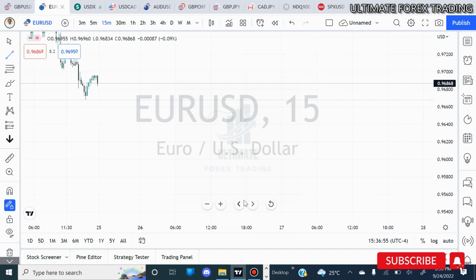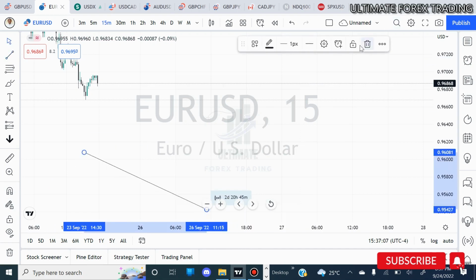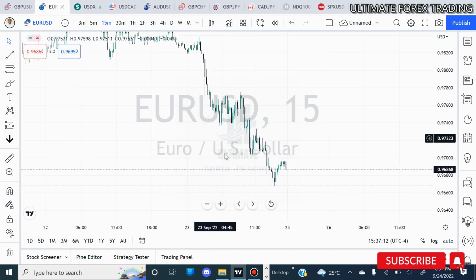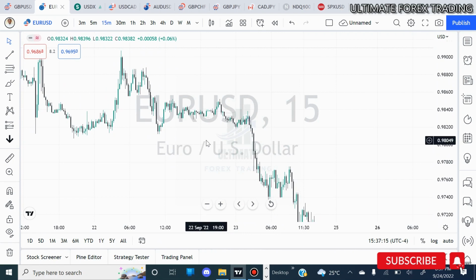And also, if by 3 a.m. Eastern Standard Time there was no manipulation in the market, you shouldn't consider trading power tree concept, because most of the power tree concept trades I've taken, most of my entries usually are between 2 a.m. to 2:30 Eastern Standard Time, and then highest 3 a.m. Eastern Standard Time.